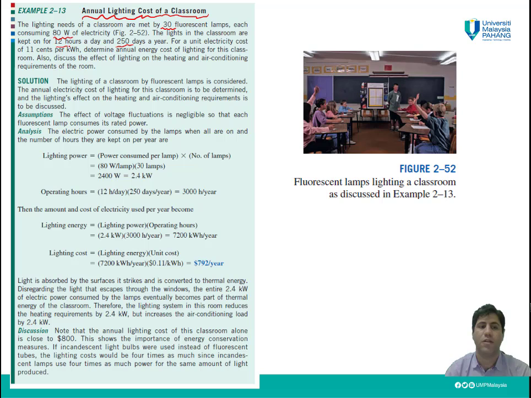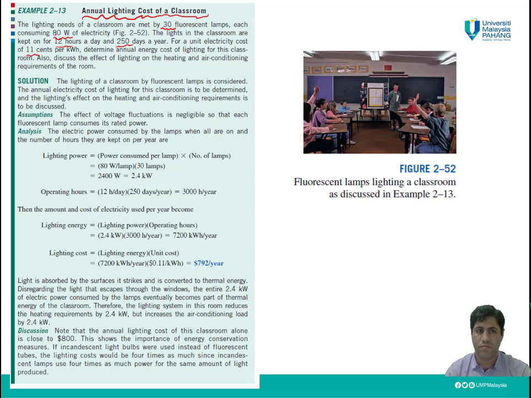So this is the duration which these lamps should be on. For a unit electricity cost of 11 cents per kilowatt hour, determine annual energy cost of lighting for this classroom. Also discuss the effect of lighting on the heating and air conditioning requirements of the room or the class.